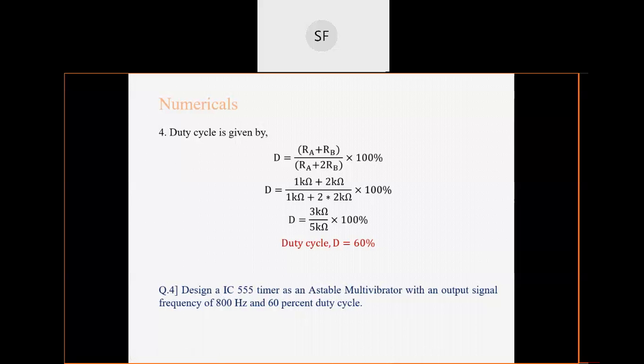Since this is an astable multivibrator, we know there are two resistors RA, RB and one capacitor C. If it were a monostable to design, then you have to find out the value of one resistor and one capacitor. Pay attention here and you will get the idea how to solve these problems.